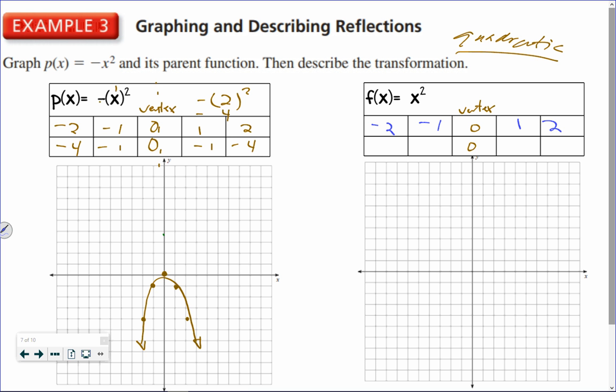Okay, so what's the left side? How's it going to change? How is this different than this? Instead of these numbers being negative, they're going to be what? Right, exactly. This one has a negative in front of it. This one doesn't. So my number's going to change only negative.